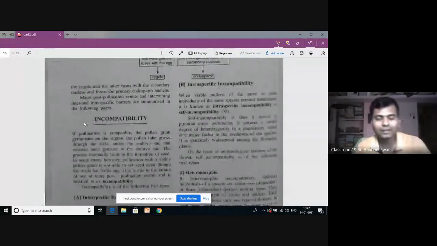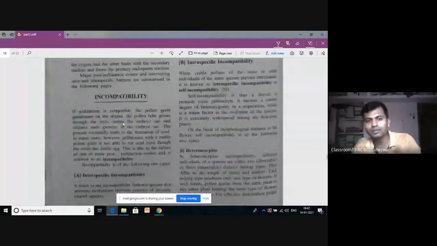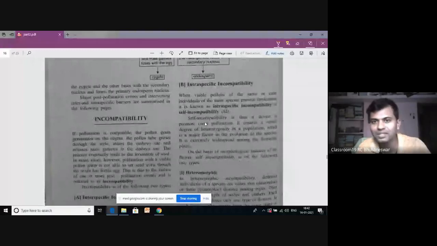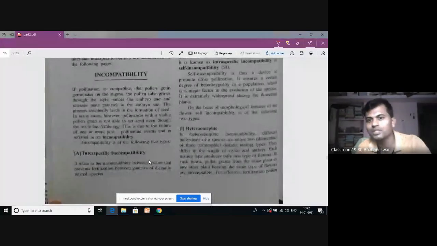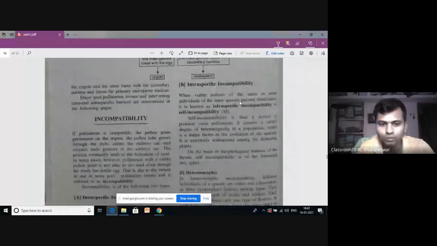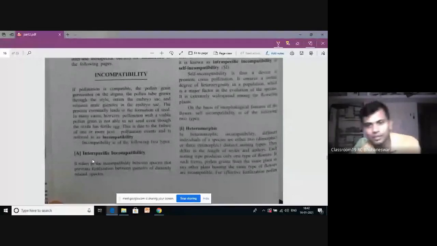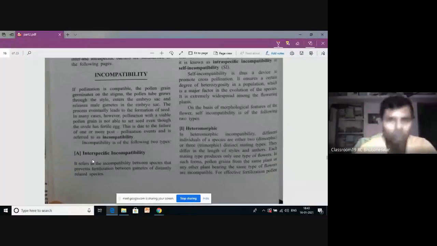Look at here. Incompatibility may be of two types, interspecific and intraspecific. Interspecific means between two species, and intraspecific means between members of the same species. Suppose a mango plant and an orange plant are two species.